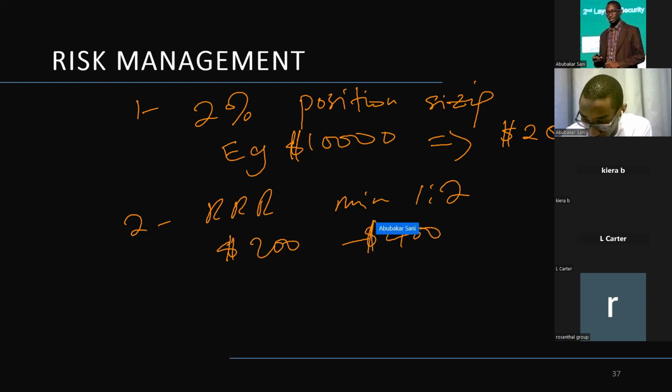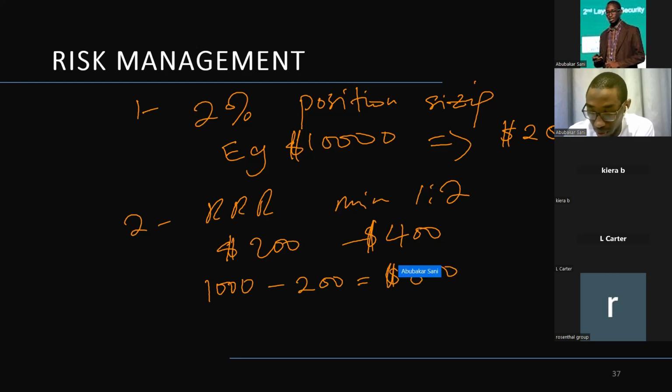For example, let's say Tesla is 1,000. If I lose 200, my money is going to be 9,800 if the agent was wrong.